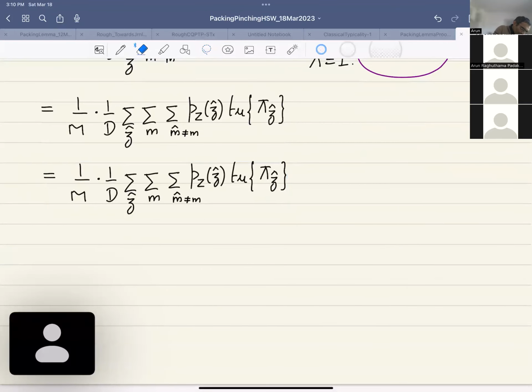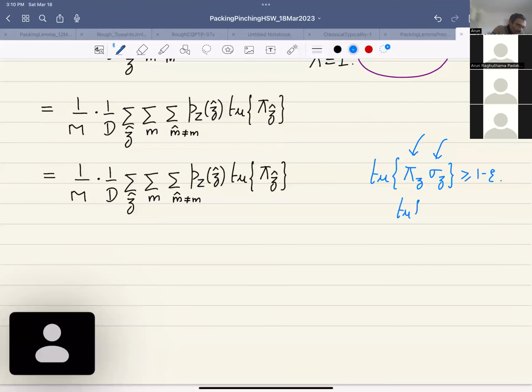So Π_ẑ, we know the hypothesis, right? The hypothesis says that for each sigma z there is a subspace. I can identify for each sigma z a subspace in which it lives almost completely.